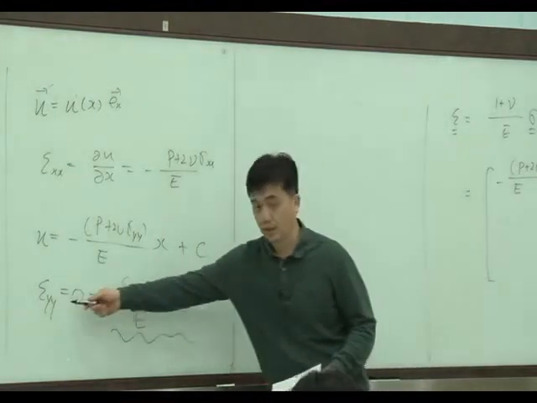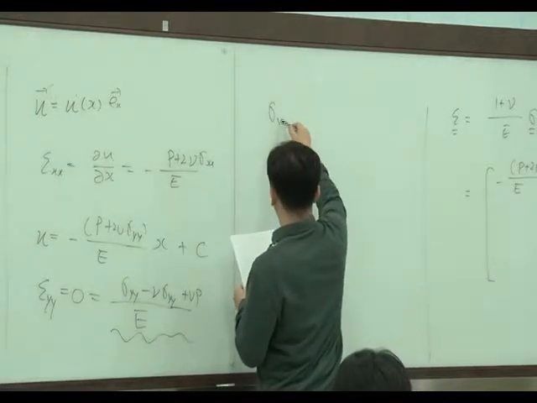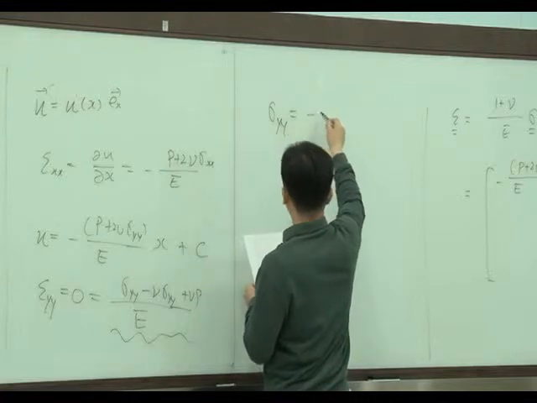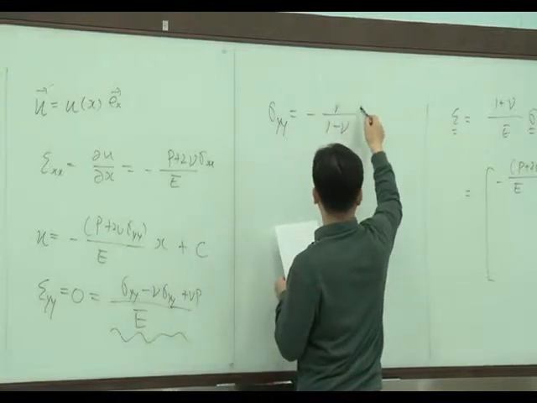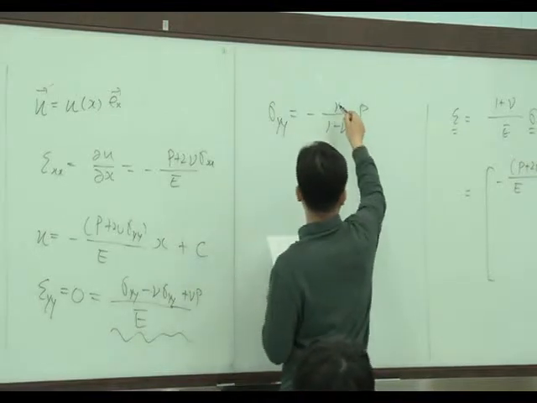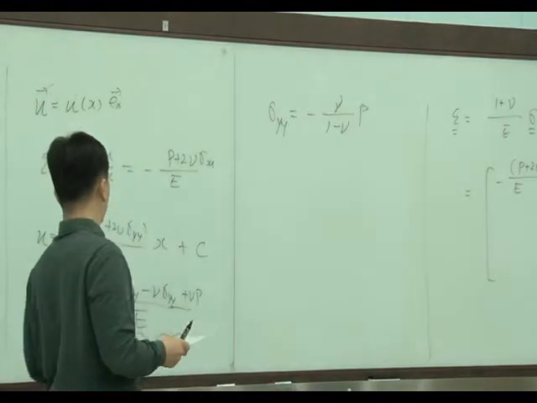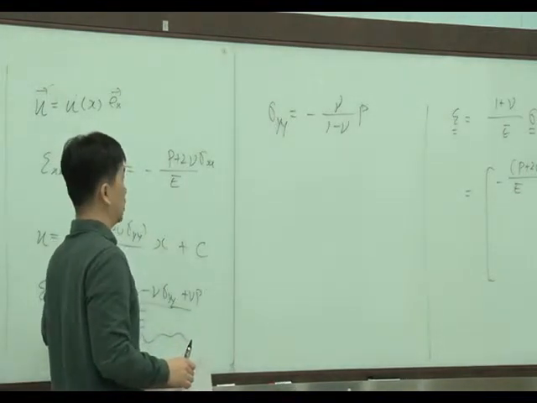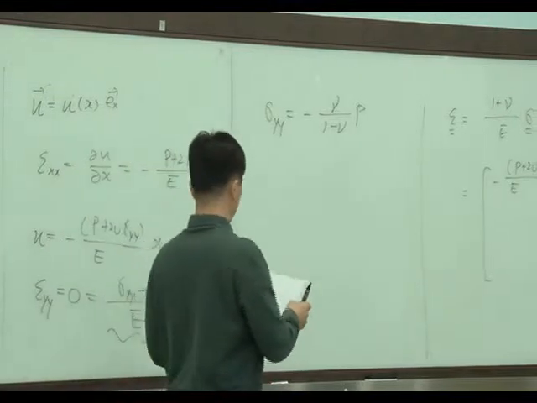Because the strain YY is 0, then stress YY equal minus 1 minus Poisson ratio P, right? So we can find the stress YY from the second equation.